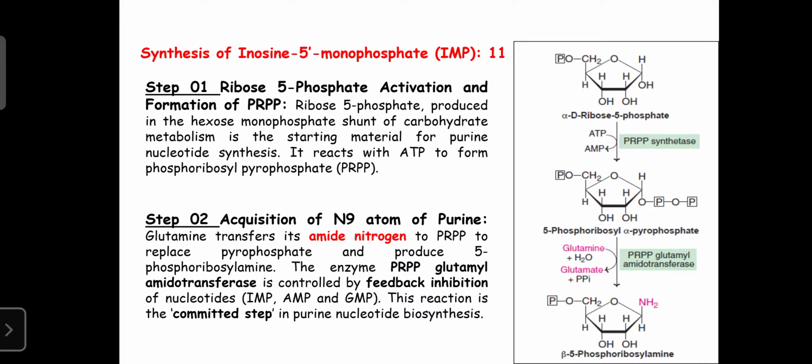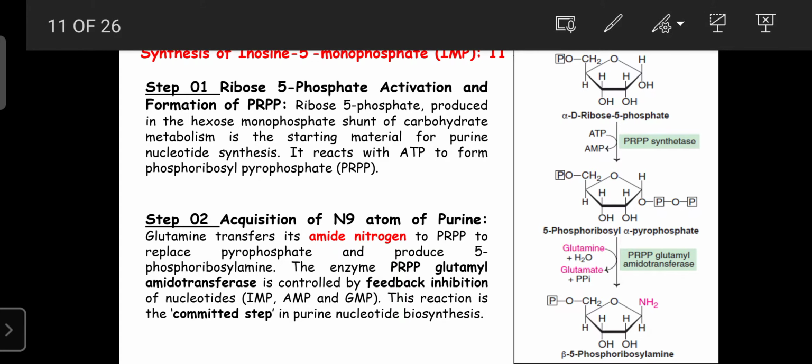Inosine monophosphate is formed by going through a series of reactions. The precursor required for the formation of inosine monophosphate is ribose 5 phosphate. So this is the first molecule or precursor.